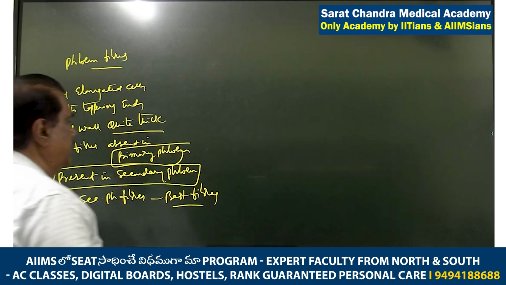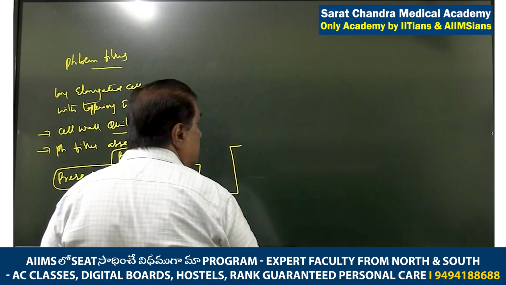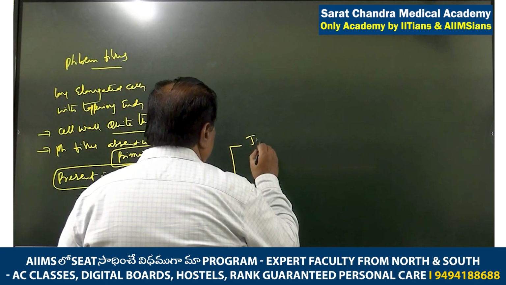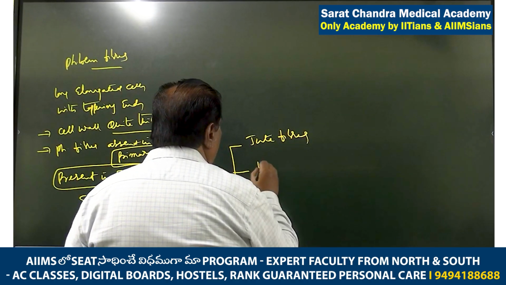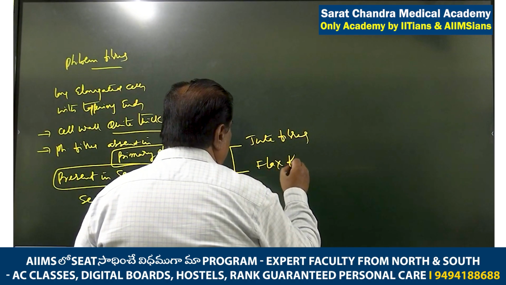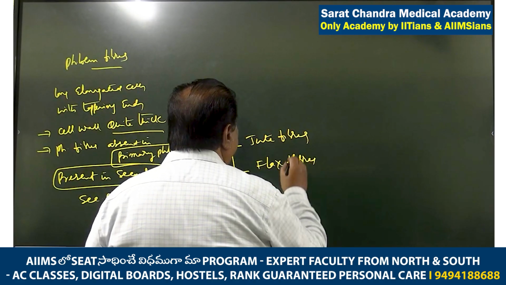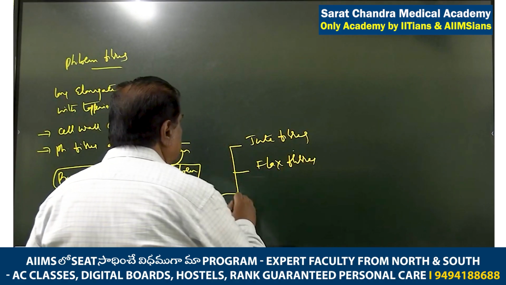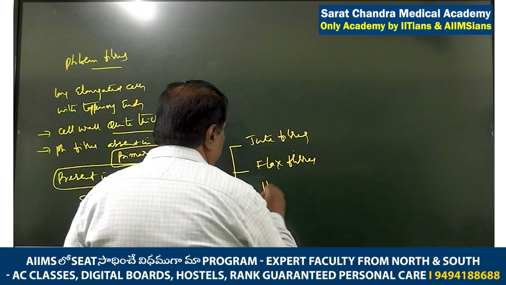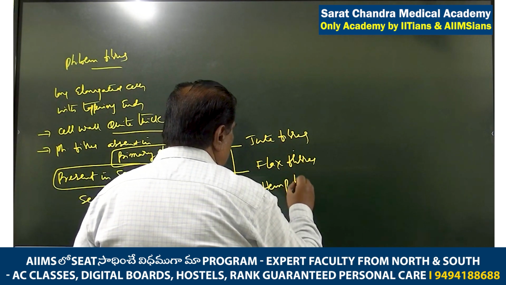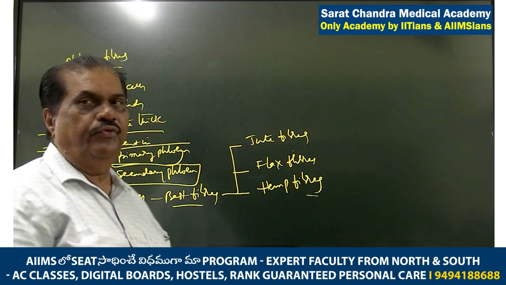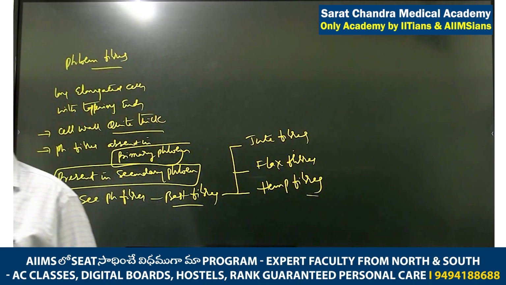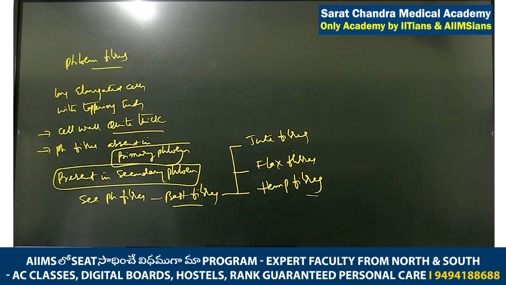Examples for bast fibers: jute fibers, flax fibers, and also hemp fibers. Jute fibers, flax fibers, and hemp fibers are the examples for secondary phloem fibers.